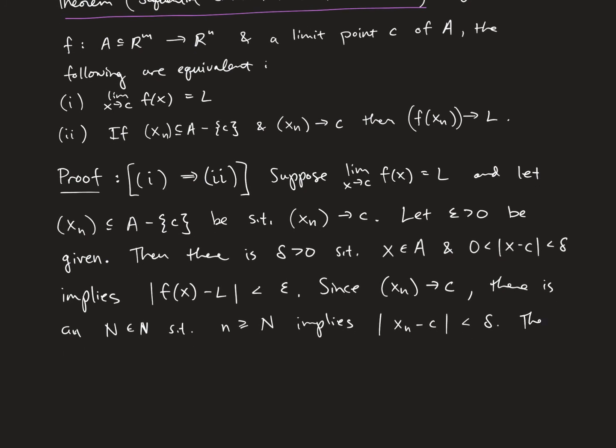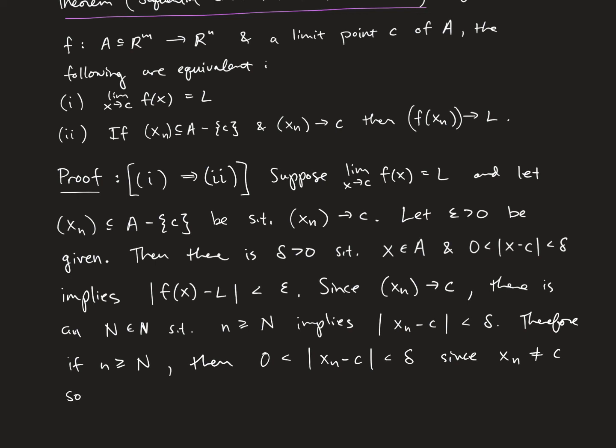So therefore, just putting this all together, if little n is bigger than or equal to N, then 0 is less than the absolute value of xn minus c, which is less than delta, since xn is never equal to c.